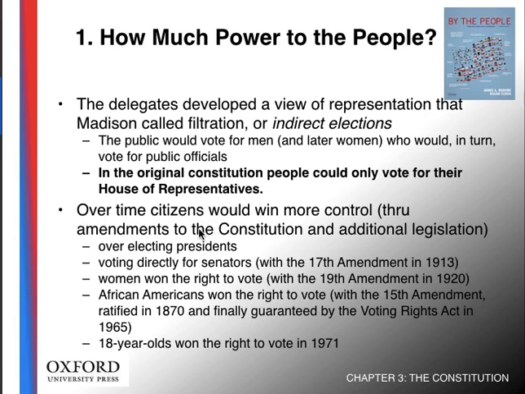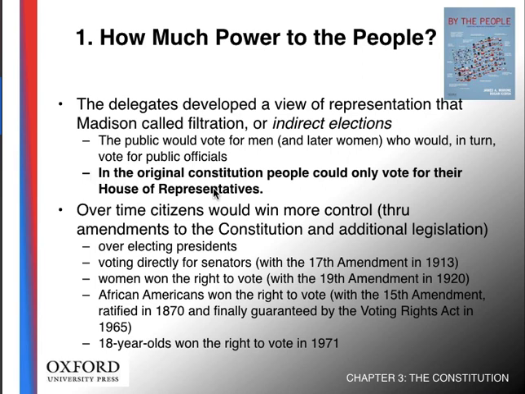But over time, citizens won more power to vote, and this happened through the amendments. They were able to elect a president through the Electoral College. Eventually, they were able to vote for senators. African American males got the right to vote, as did other citizens, and then women in 1920, and then 18-year-olds won the right to vote in 1971.